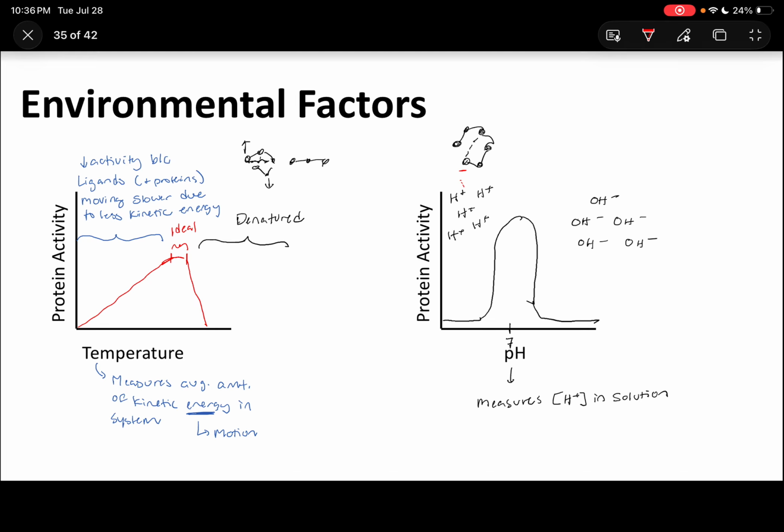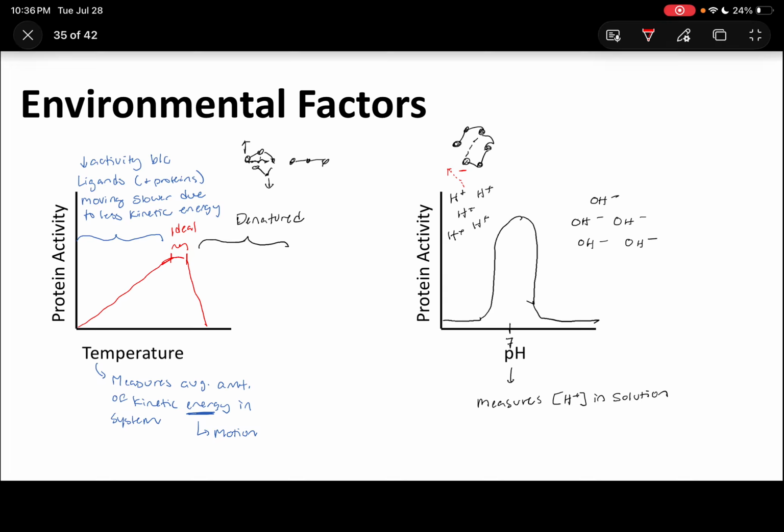As this hydrogen ion whizzes by, because it has random movement, it's going to be attracted to that amino acid, and it might pull it with it as it moves. If you have enough of these charges around, it might allow for those ions to actually pull apart the protein because of those interactions. Same thing with the negative charges.